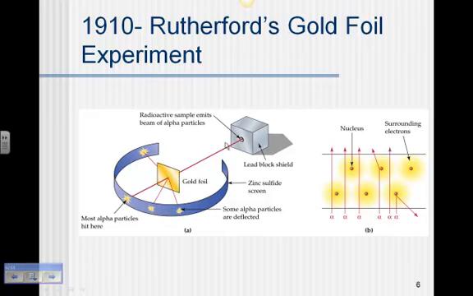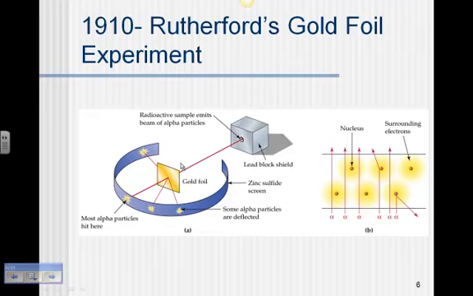An alpha particle is actually a helium atom without its electrons. So think of this beam of alpha particles as a positive set of particles that are basically pointed at this gold foil.